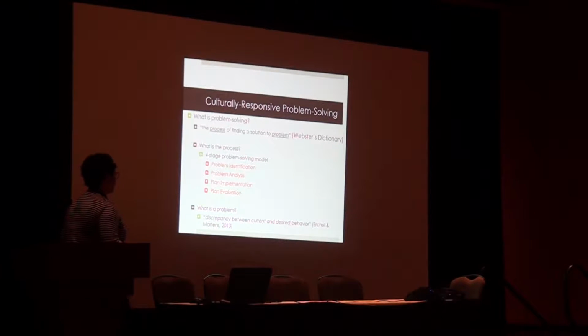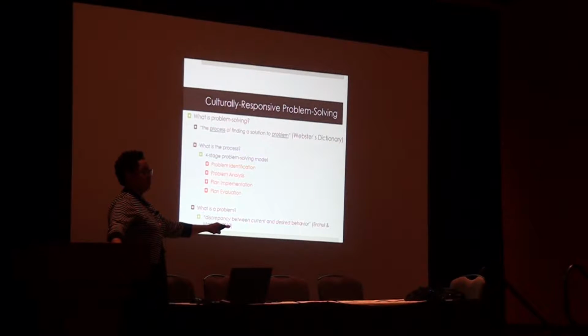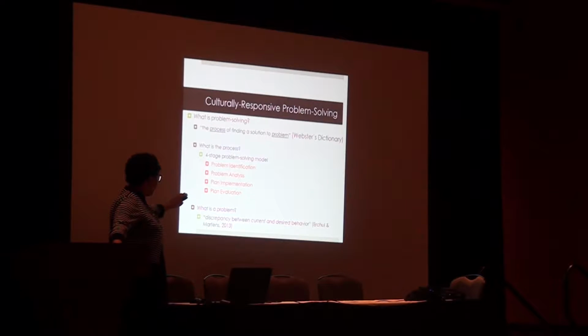To try to understand a problem, the issue though is, what is a problem? Because even in our understanding of what is a problem, we can identify the wrong thing. At a basic level, a problem is a discrepancy between the current behavior or performance and what is desired.